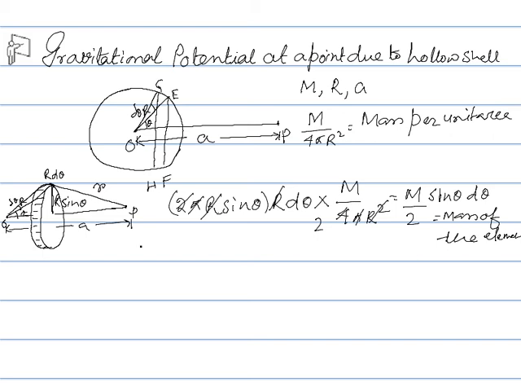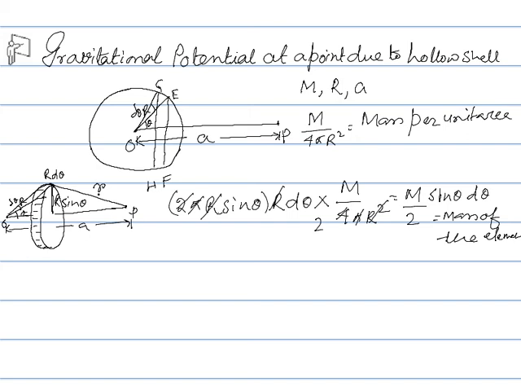Now the distance of this elementary strip from every point on the circumference of this ring is r only.